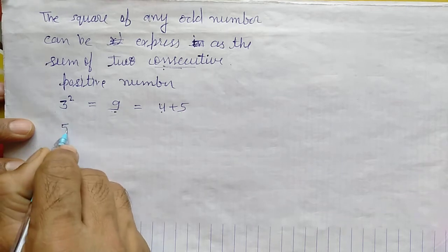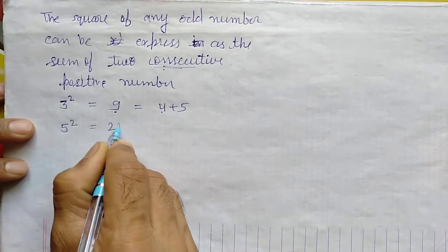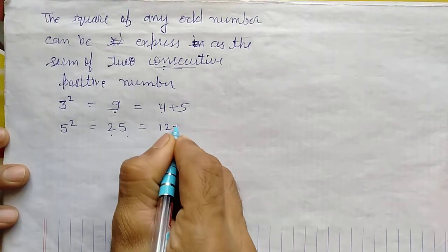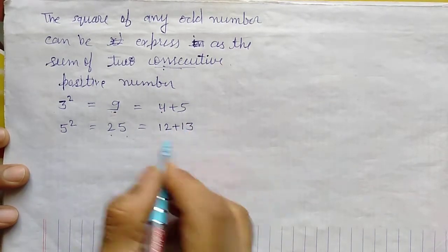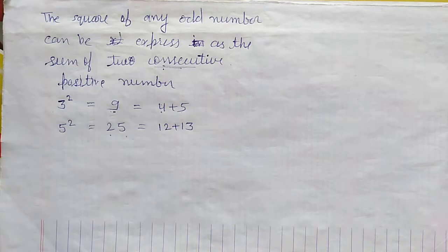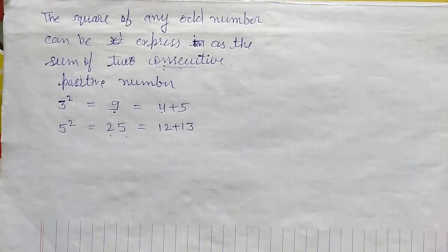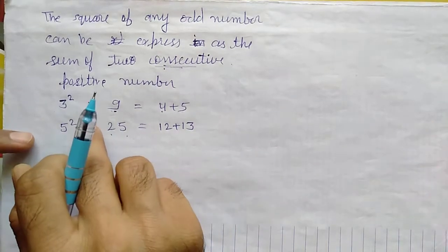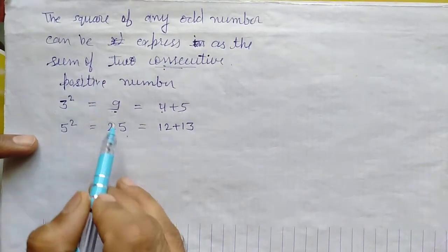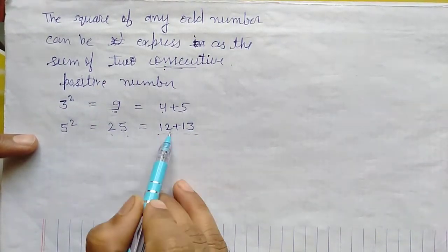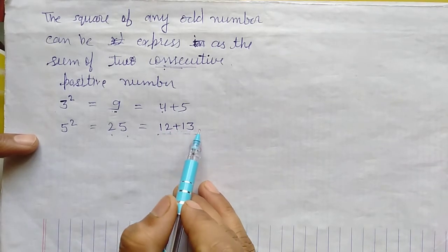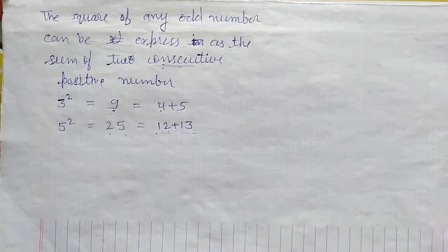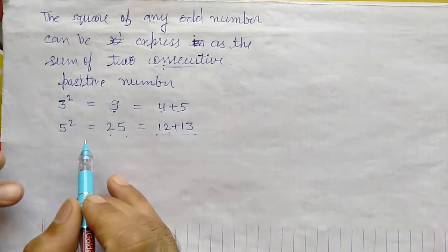The next number we can take is 5 square. 5 square is equal to 25, and 25 can be expressed in the form of 12 plus 13. 12 plus 13 is equal to 25. So this is the meaning of this property: any square of an odd number can be expressed as the sum of two consecutive numbers. Right?